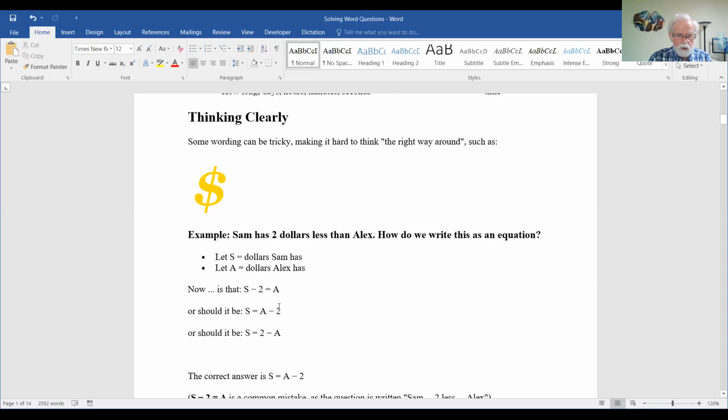So S will be A minus 2. Sorry, I'm trying to confuse myself. See, this is part of the problem. So we want to make sure that we understand that Alex is the base number here. Alex has X, Sam has X minus 2.